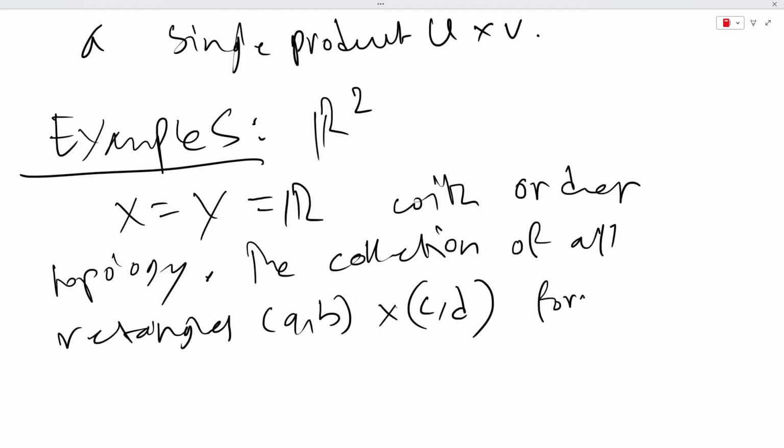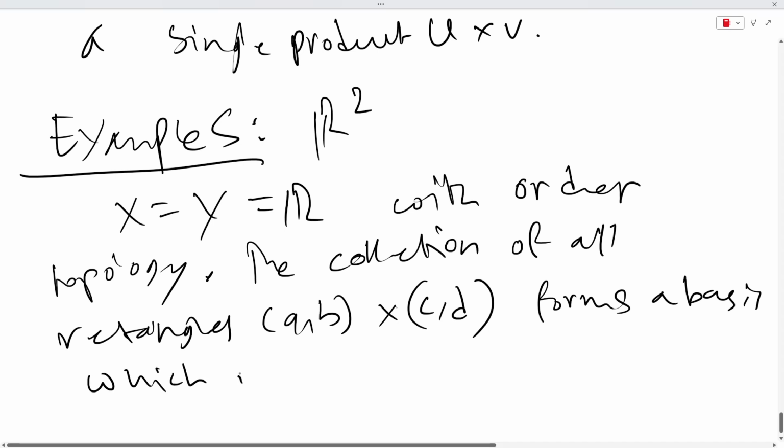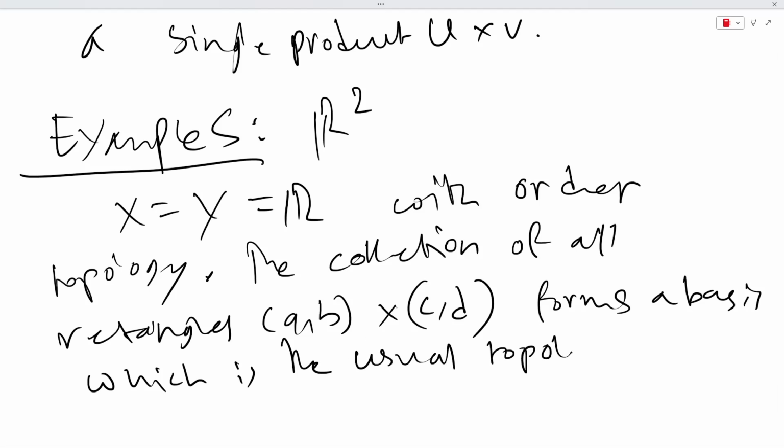This forms a basis, which is the usual topology on R2.